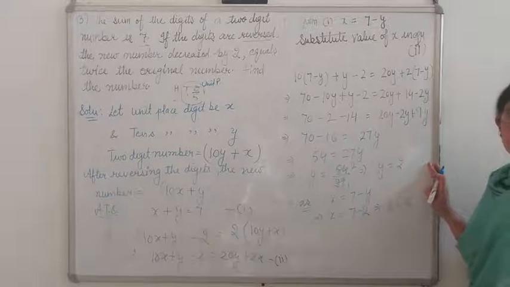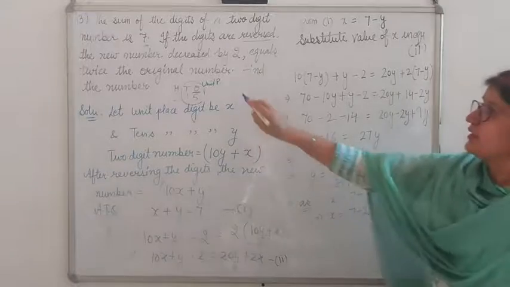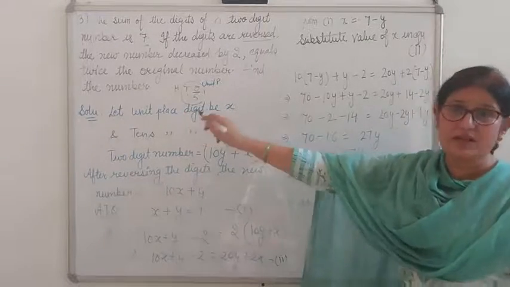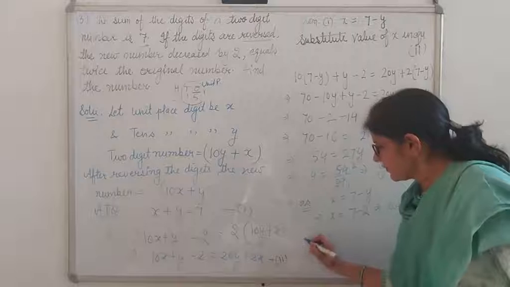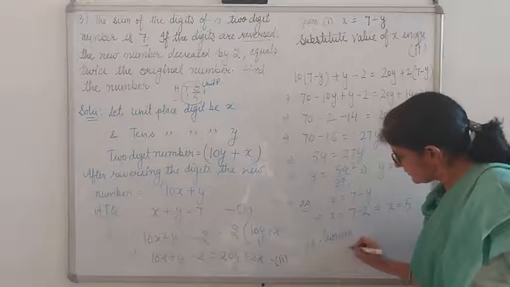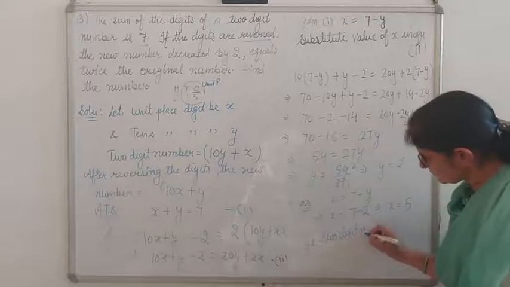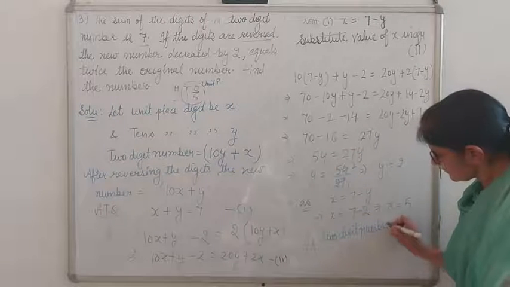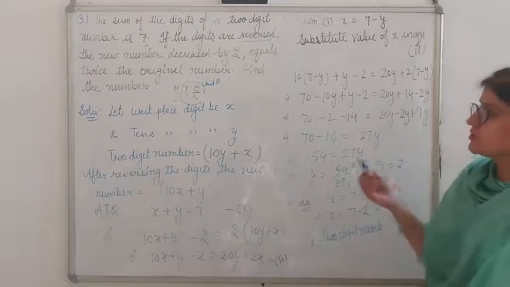Is it the answer? No. What do you have to find? You have to find the 2-digit number. Therefore, the 2-digit number is, which number will you take?